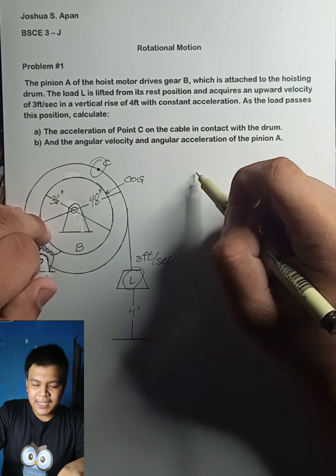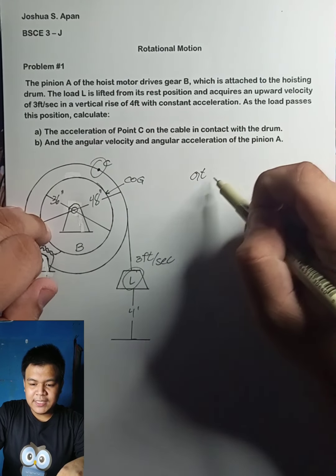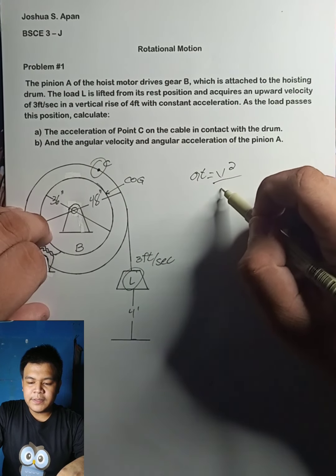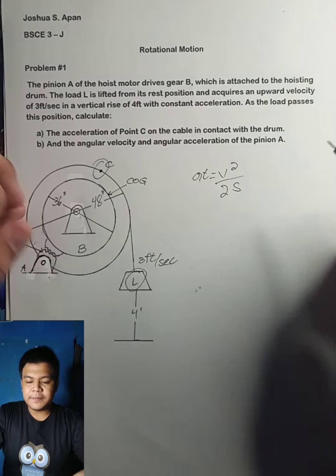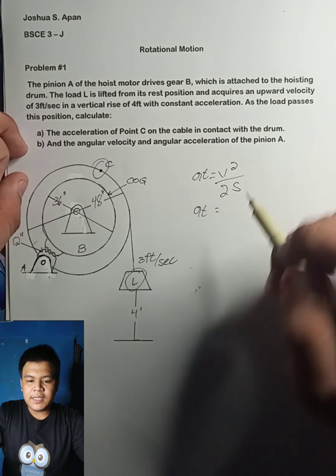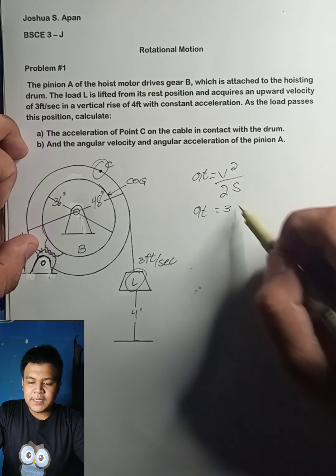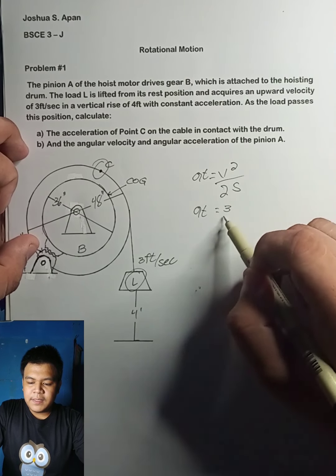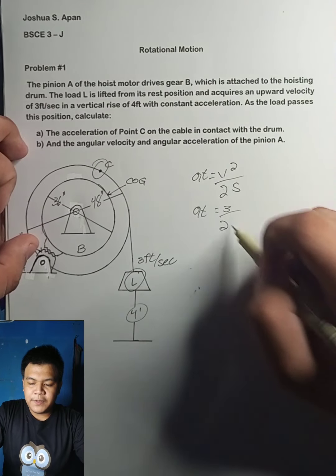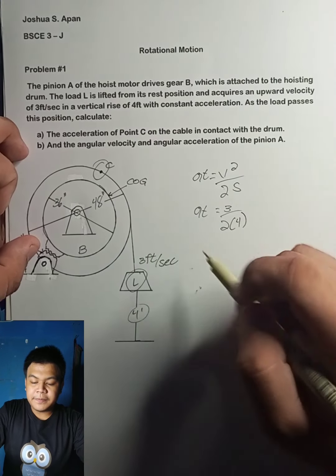So, tangential acceleration, so AT is equal to V squared over 2S. So, may velocity tayo na 3 feet per second, 3 squared over 2, then yung S, which is 4 feet, multiply sa 4.